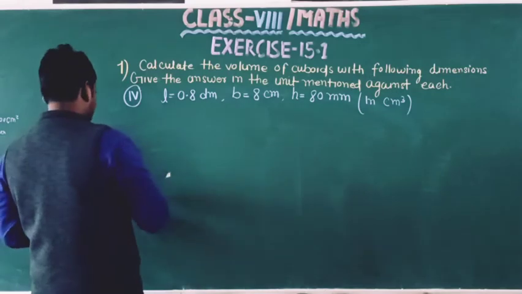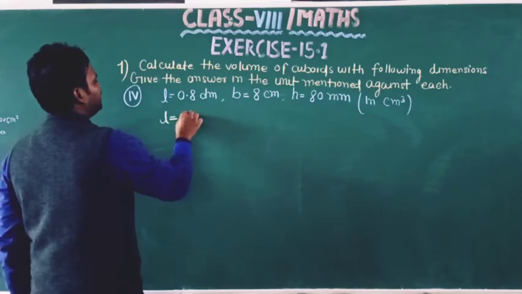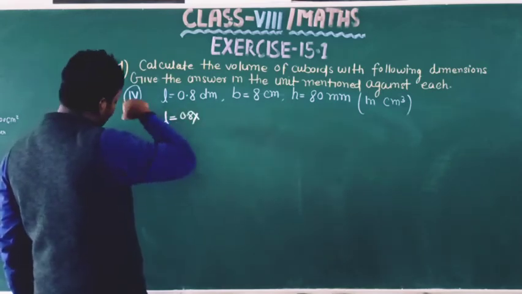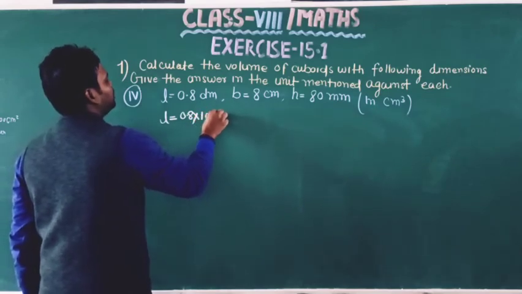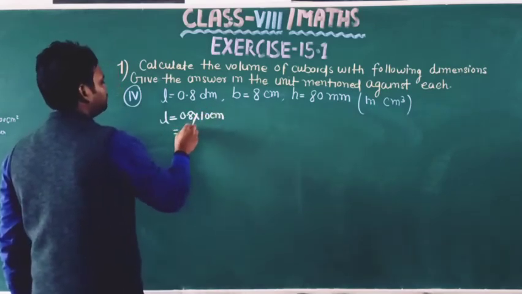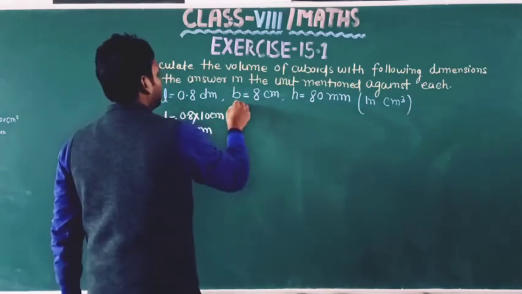Length is not given in centimeters, so first we need to change in centimeter. So this is 0.8, and we know 1 decimeter equal to 10 centimeters. So this is multiplied by 10 centimeter equal to 8 centimeter. Breadth already given.